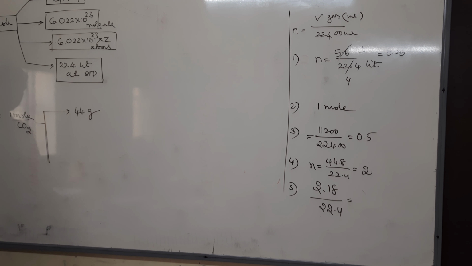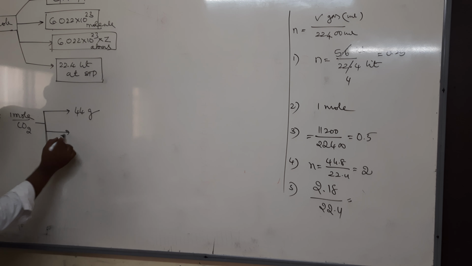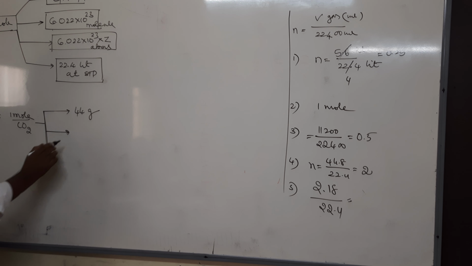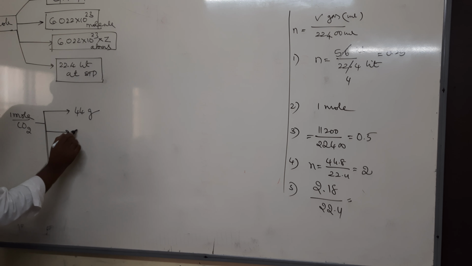Similarly, 1 mole CO2 contains how many molecules? That is Na molecules. Now, 1 mole CO2 has how many total atoms? 3 into Na atoms, because 1 carbon, 2 oxygen.